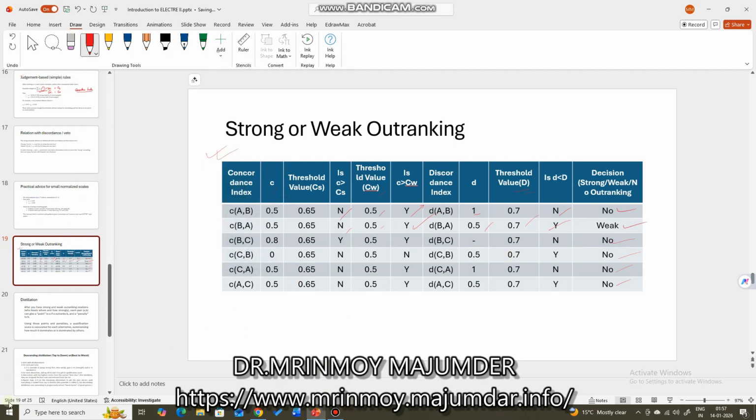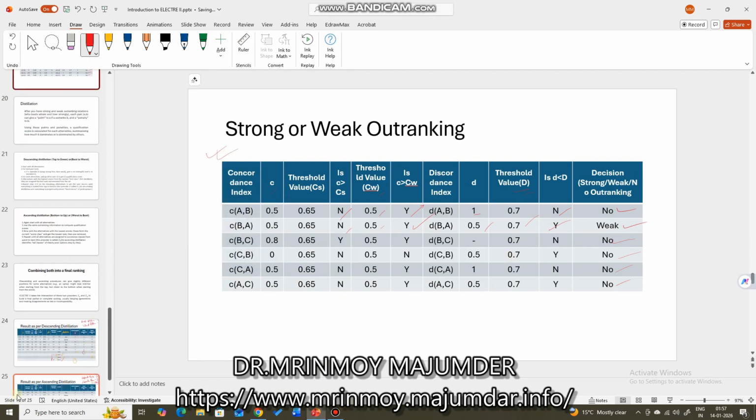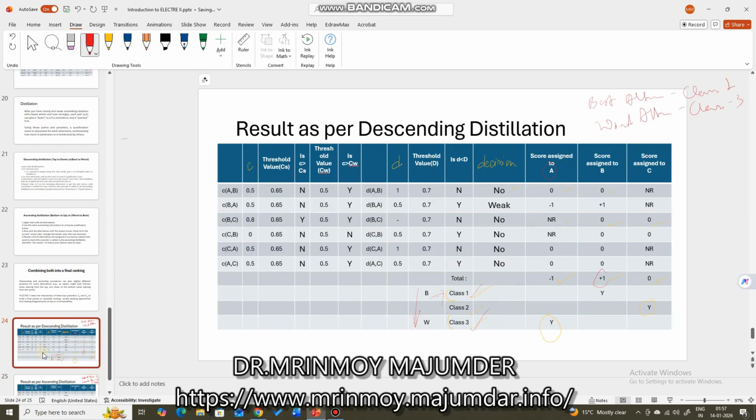With the help of this outranking matrix, we classify the alternatives into different classes based on the rules of descending and ascending distillation. In descending distillation, we go from best to worst.